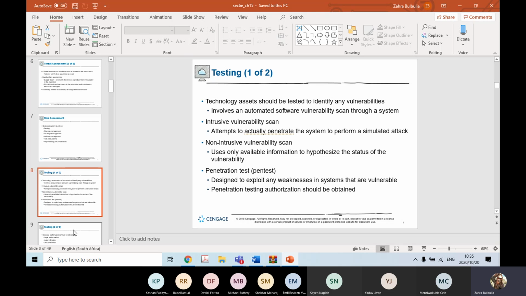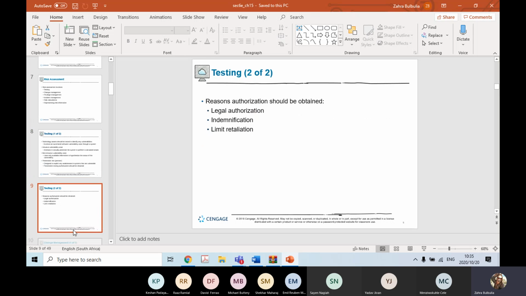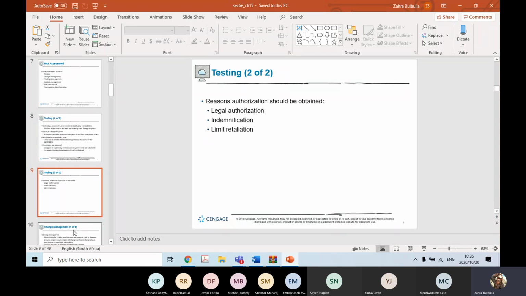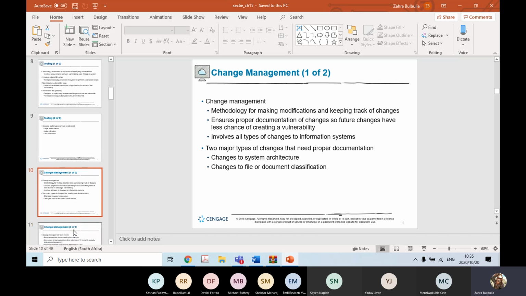Penetration testing authorization should be obtained. The reasons are that you need legal authorization, indemnification, and to limit retaliation. Change management is when you make modifications and keep track of changes.